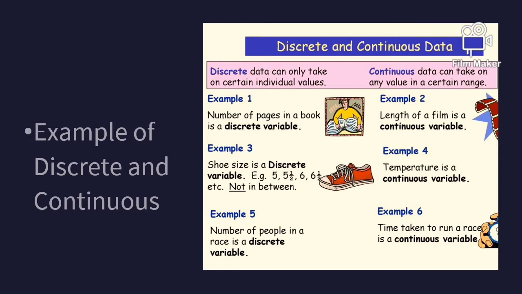Example, a size of 5, a size of 5.5, 6, 6.5, and others, not in between. Example number 5. Number of people in a race is a discrete variable. Example number 2. Length of a film is a continuous variable. Temperature is a continuous variable. Example number 6. Time taken to run a race is a continuous random variable.